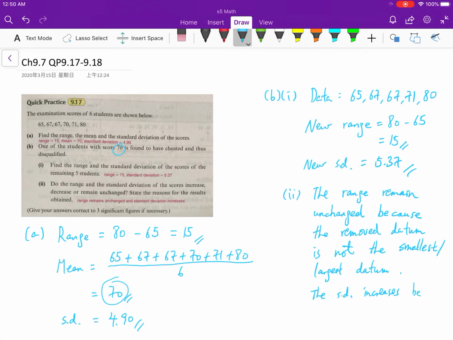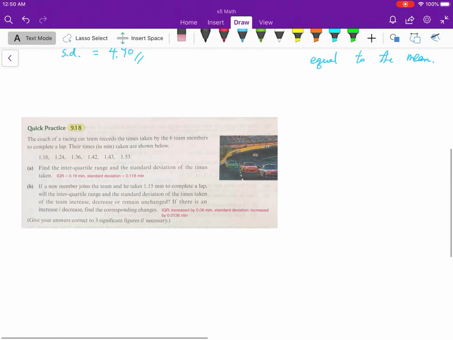So we can just answer in this way. The SD increases because the removed datum is equal to the mean.